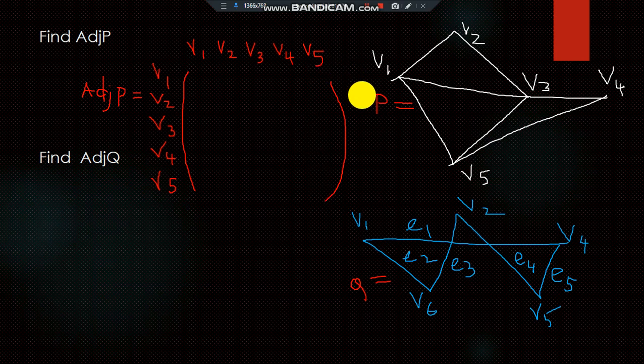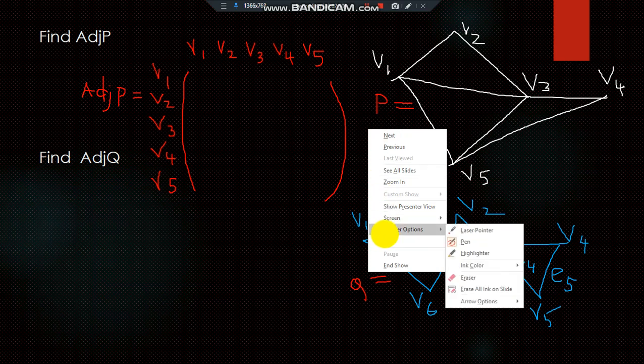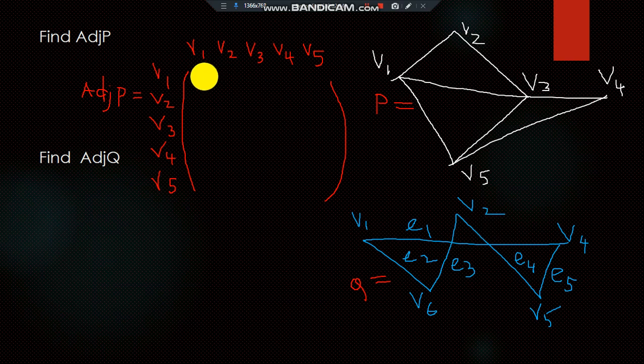I have drawn the matrix bracket. Now my aim is that if there is an edge between the two vertices, we have to put 1. If there is no edge, then we have to put 0.